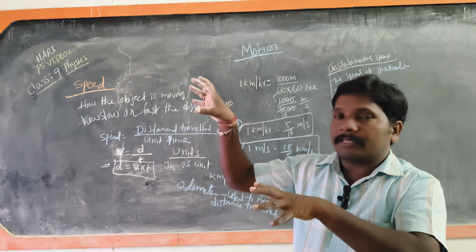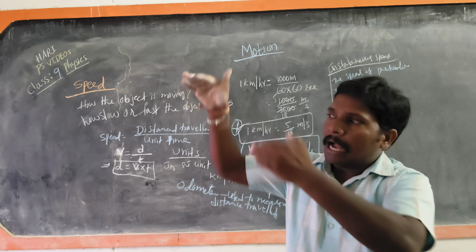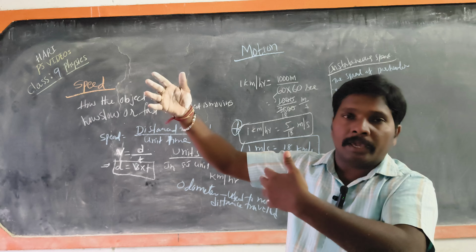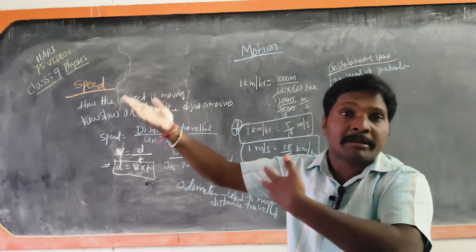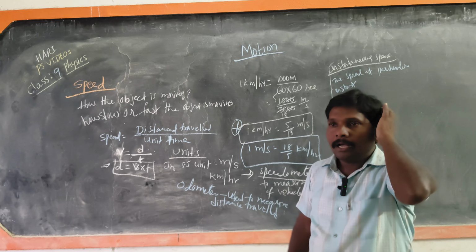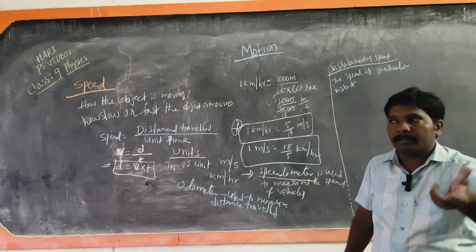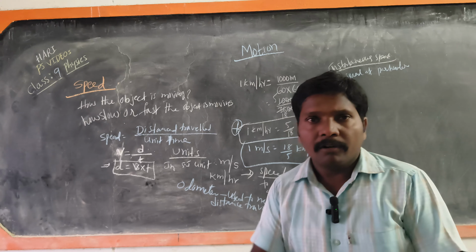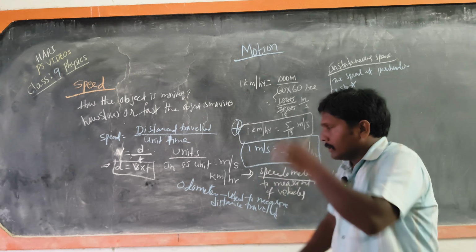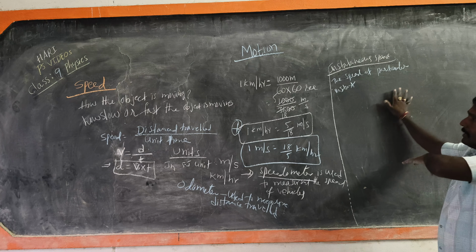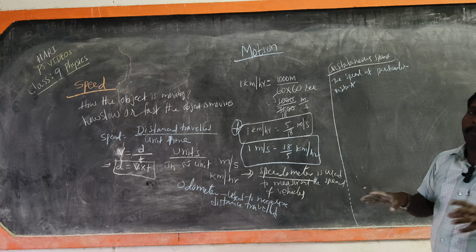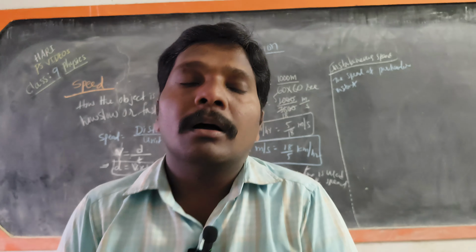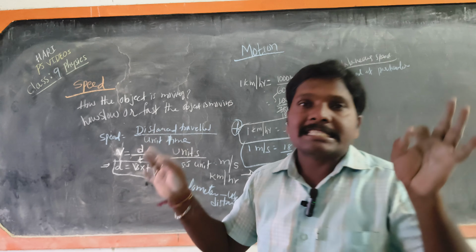Speed guns measure the instantaneous speed of the vehicle at a particular place. If the vehicle is moving faster than the prescribed speed, then we have to find it. So this is about instantaneous speed: the speed at a particular instant.